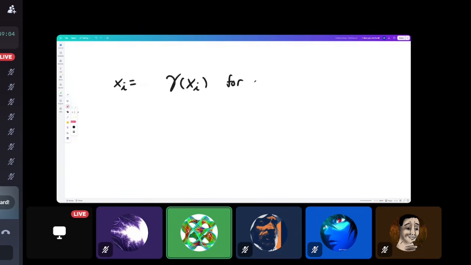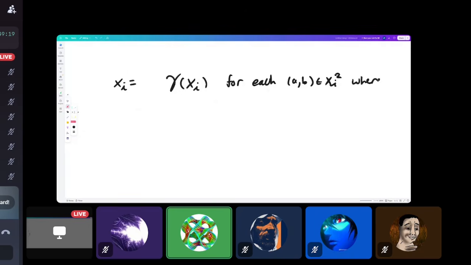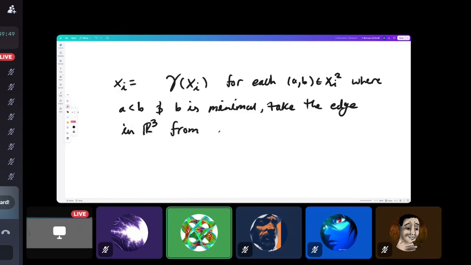Then for each (a, b) in Xi squared, so taking pairs of numbers where a is less than b and b is minimal, draw an edge in R cubed from gamma of A to gamma of B.